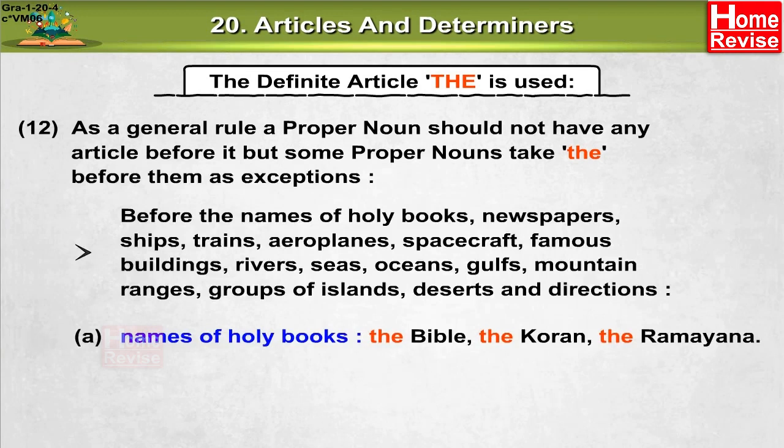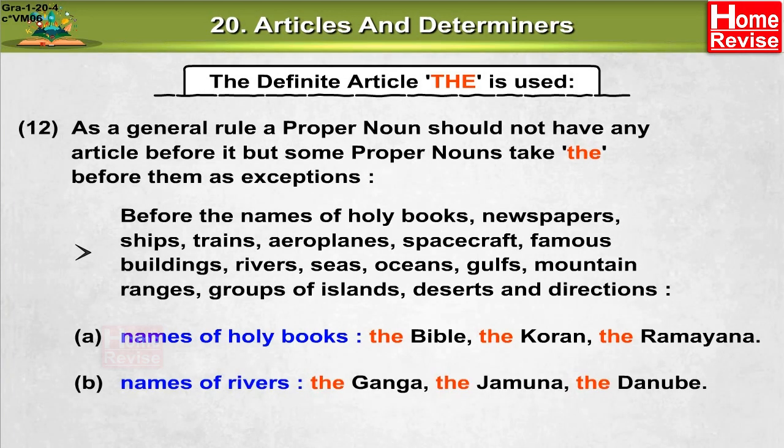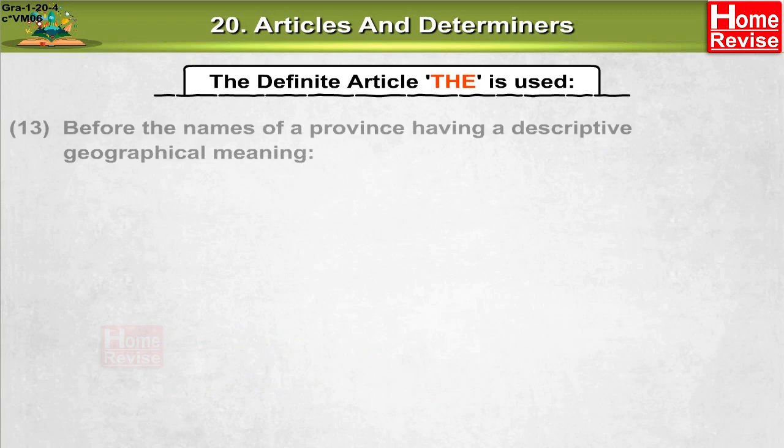A. Names of holy books: the Bible, the Quran, the Ramayana. B. Names of rivers: the Ganga, the Jamuna, the Danube.